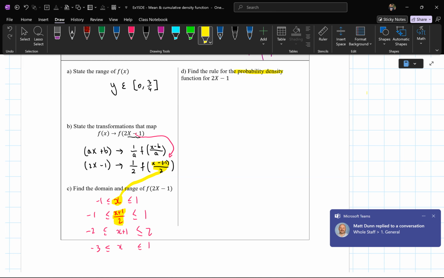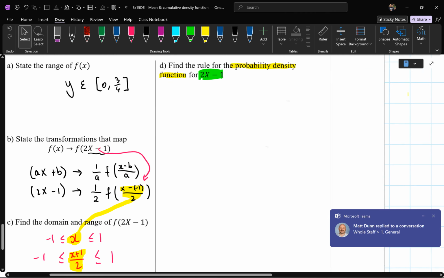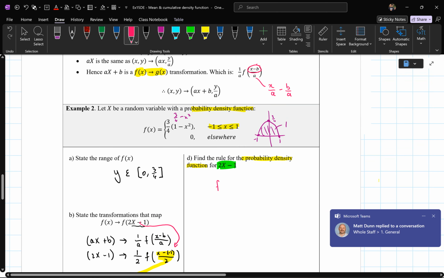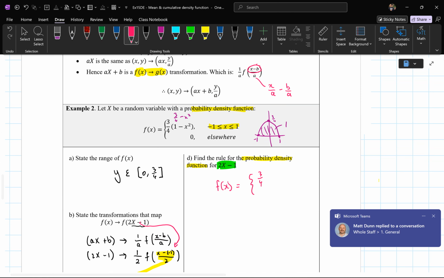How do you find the probability density function if you have this transformation, 2x minus 1? So we've got the intervals now. So we started off with function f of x equal to 3 over 4 minus 3 over 4 x squared between -1 to 1.